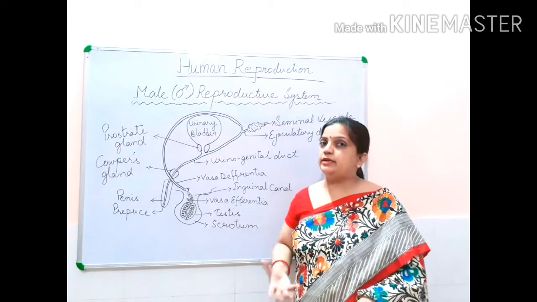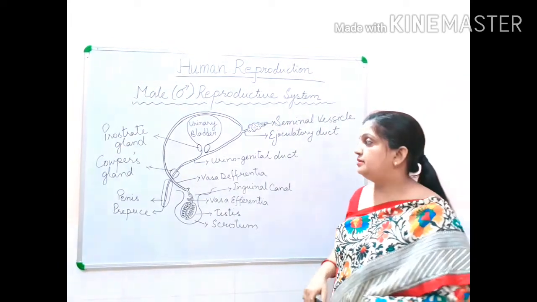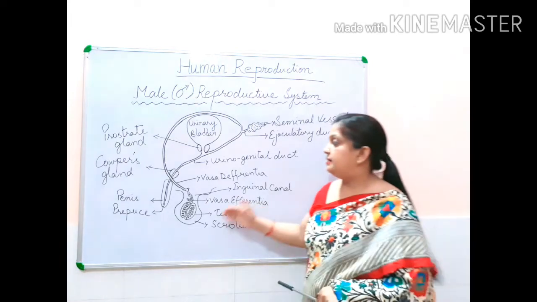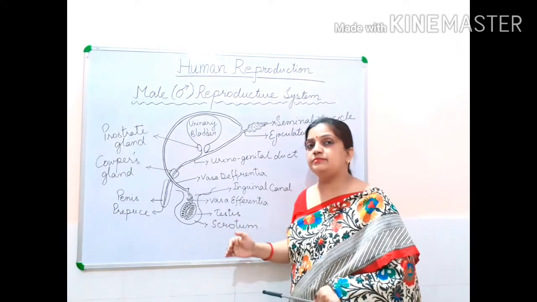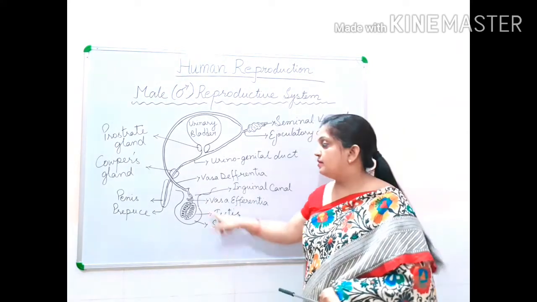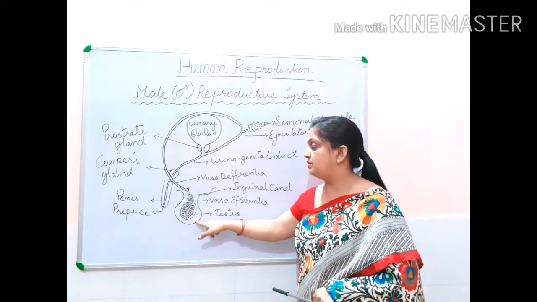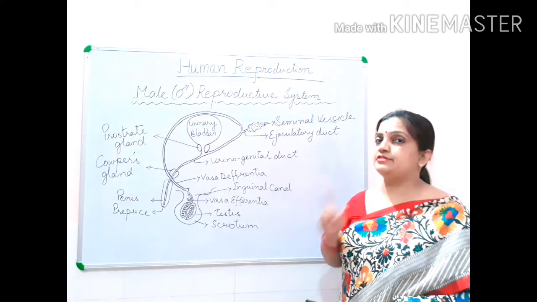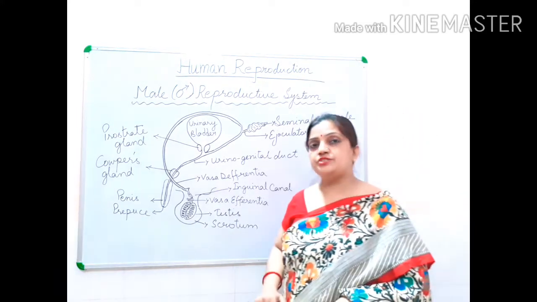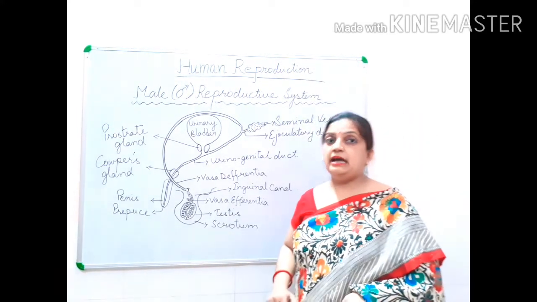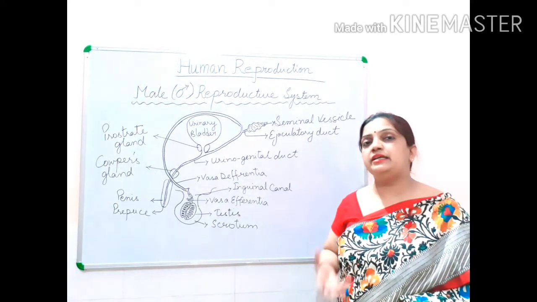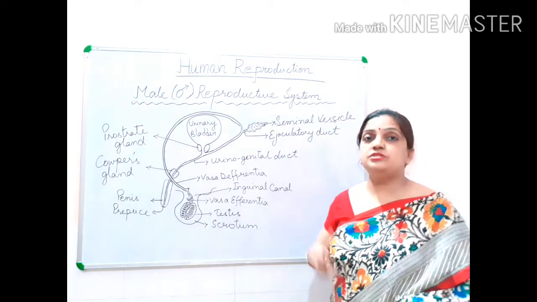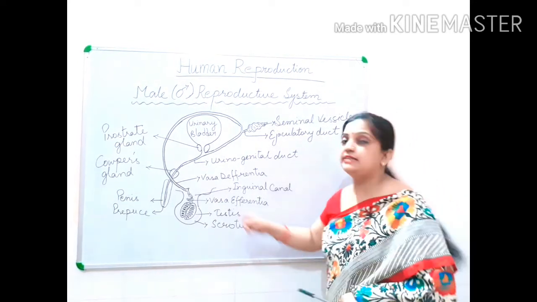Scrotum is a pocket-like structure. There is a reason why the scrotum is outside. Inside the scrotum, the testis is located, and the testis is responsible for the production of sperms. Sperm needs a lower temperature to develop inside the testis.